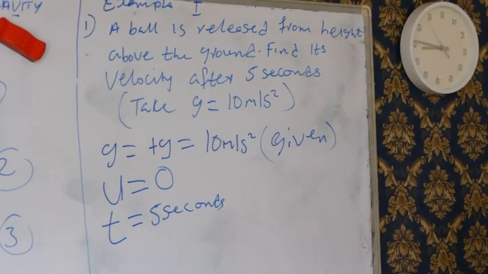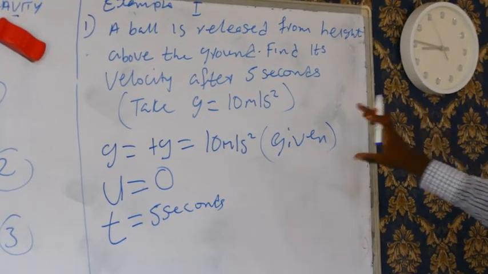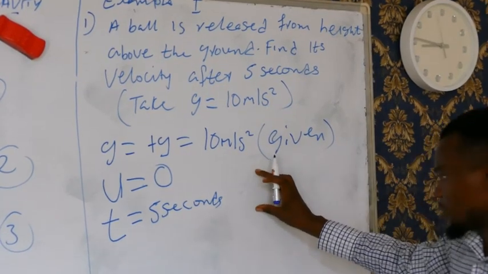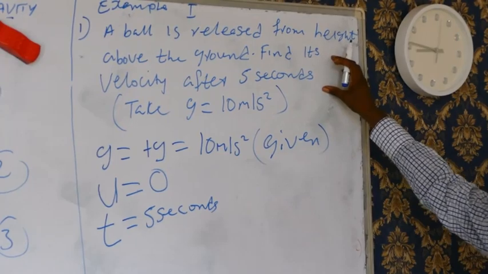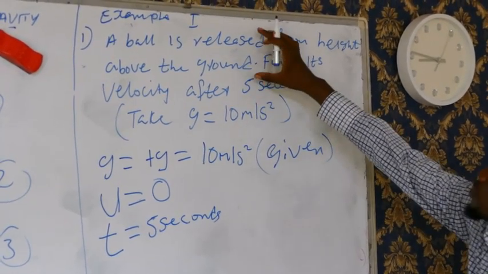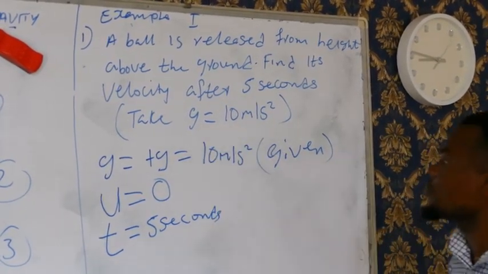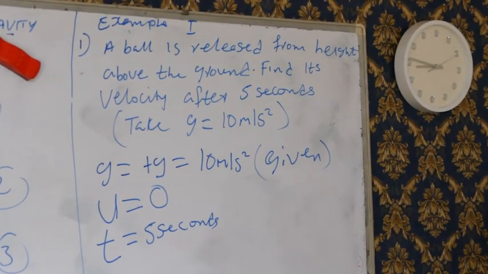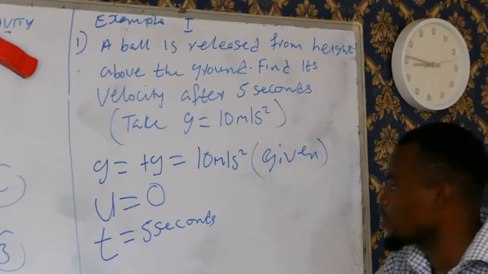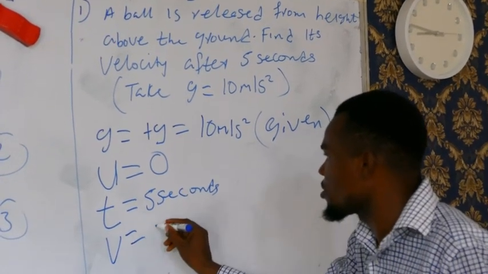Now, another thing that comes to your mind is, which of the equations of motion would be suitable to solve this particular problem? You look at those equations of motion. What are you looking for? You are looking for v. That is the unknown.